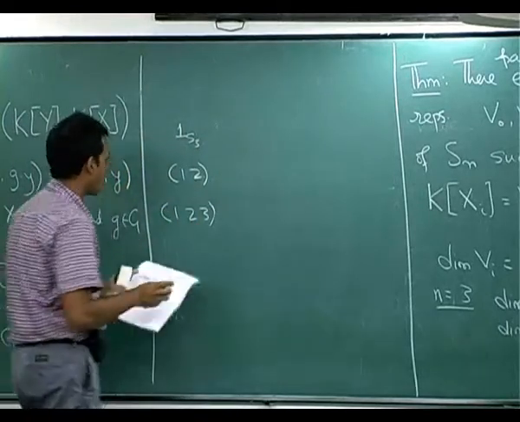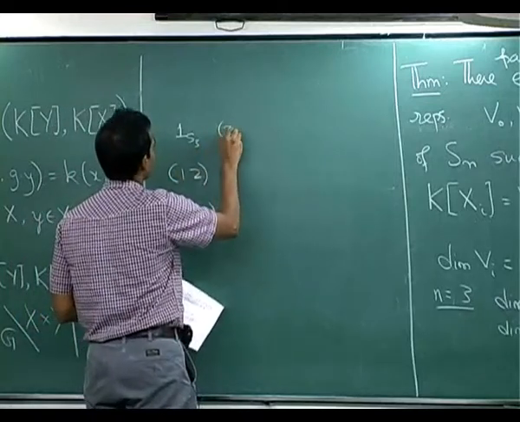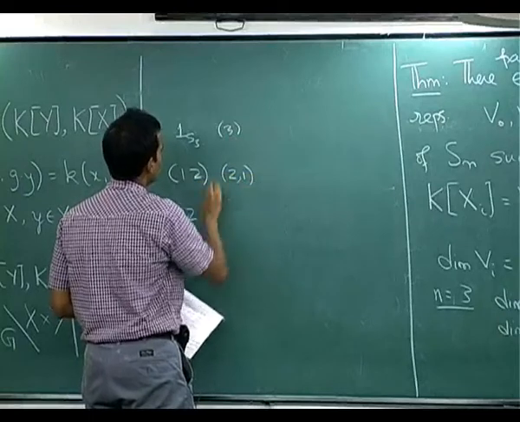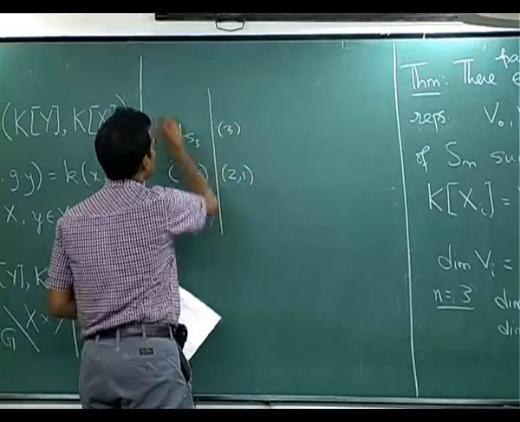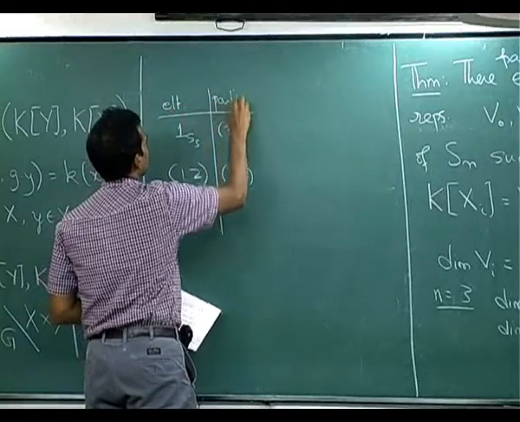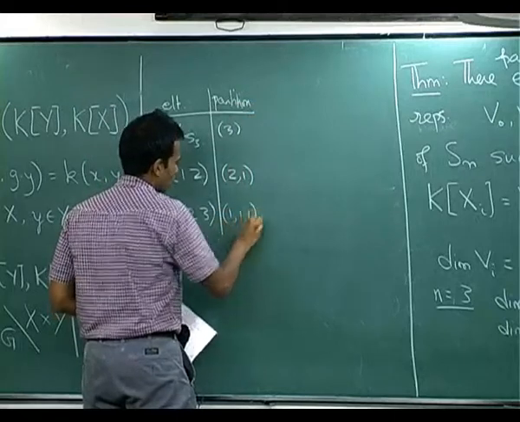These represent all the conjugacy classes. This corresponds to the partition 3, this corresponds to the partition 2 comma 1, and this corresponds to the partition 1 comma 1 comma 1.